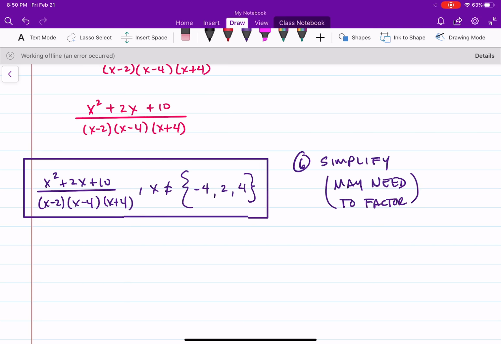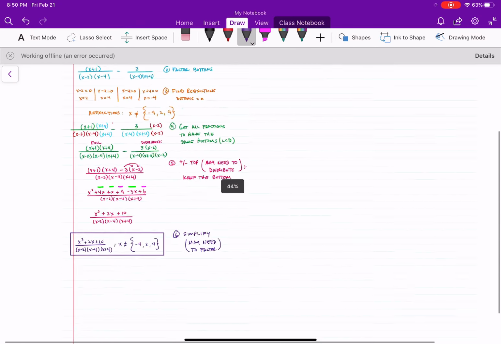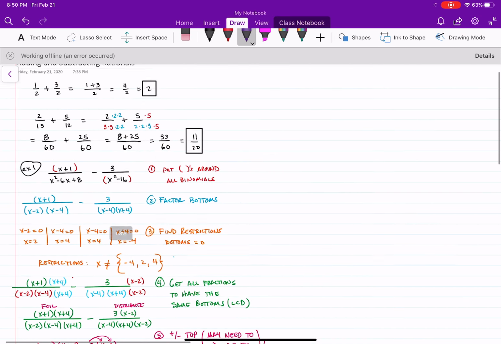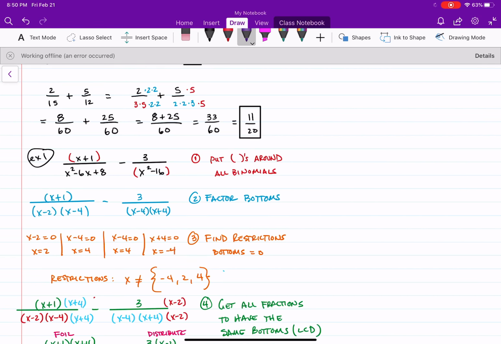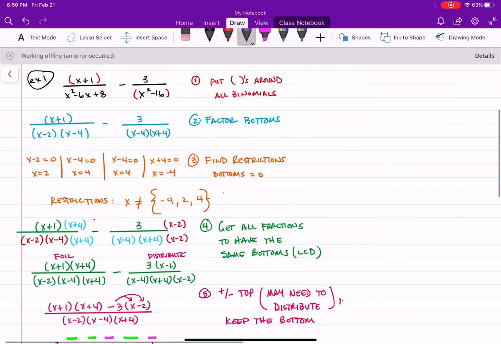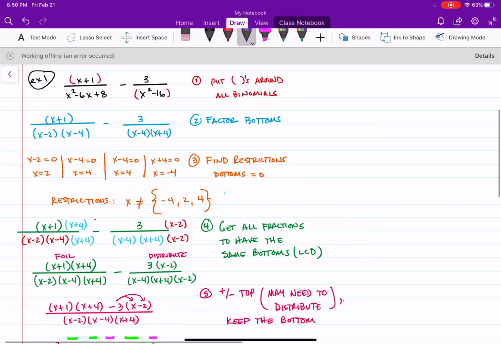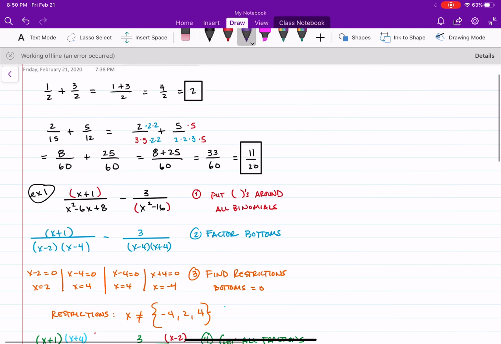Ladies and gentlemen, you have just solved your first addition and subtraction of rational expressions. All right, so that's a pretty long problem, if you notice. And me busting your chops about really getting good at factoring, this is the reason why, because this is a pretty long problem as it is.